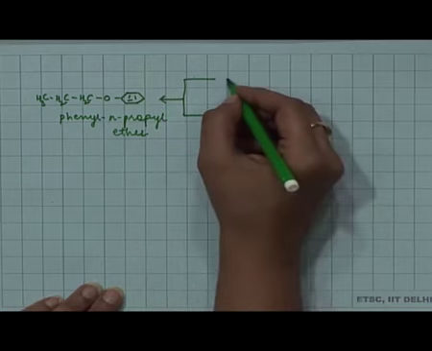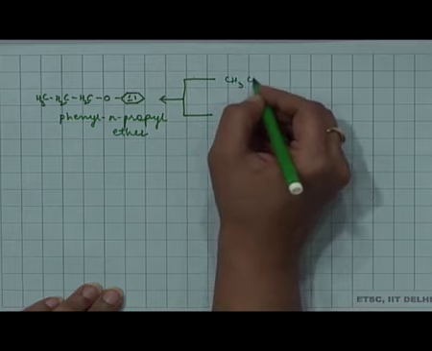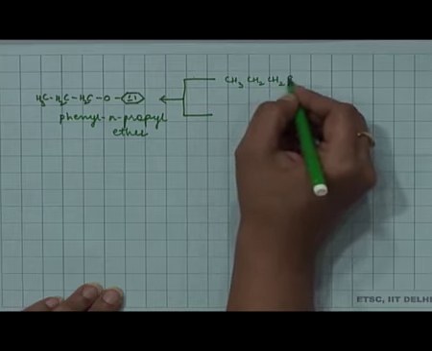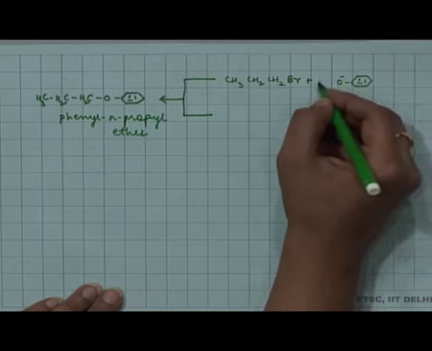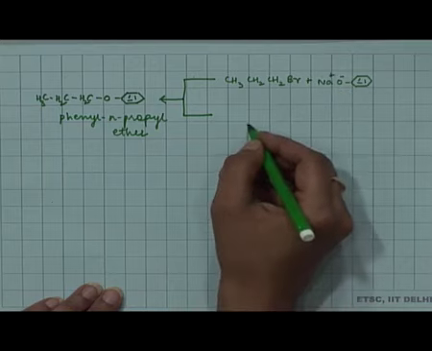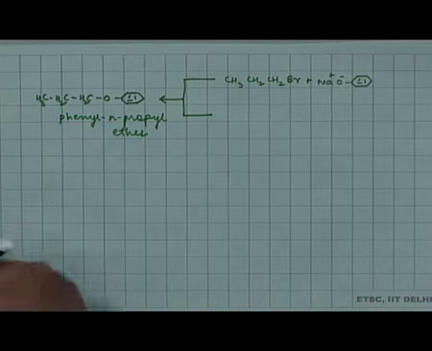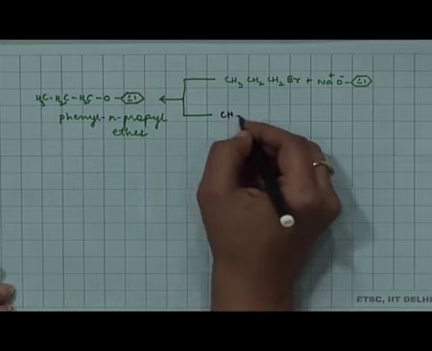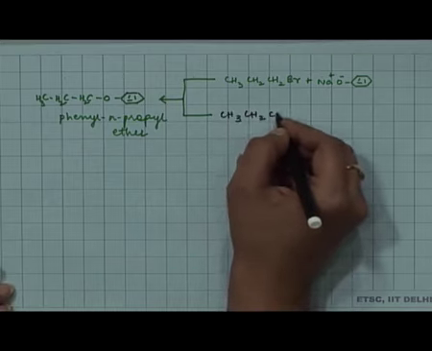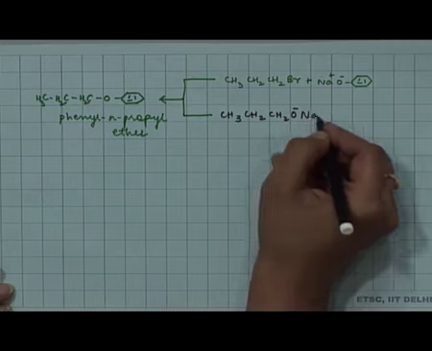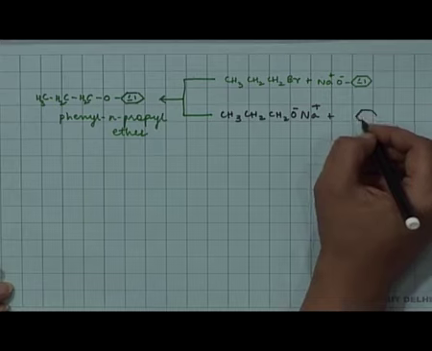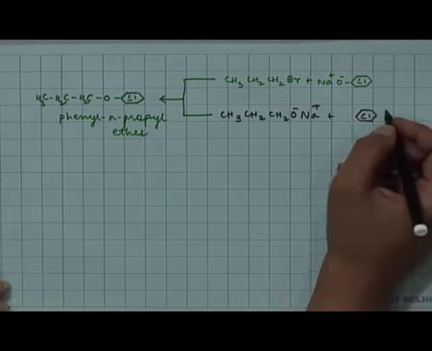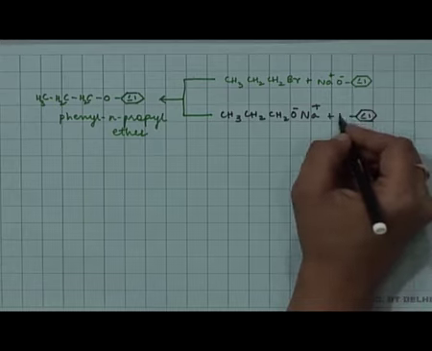In one case, you can start with this alkyl halide and the sodium phenoxide. The other could be that you start with this sodium alkoxide and you treat this with the aryl halide.